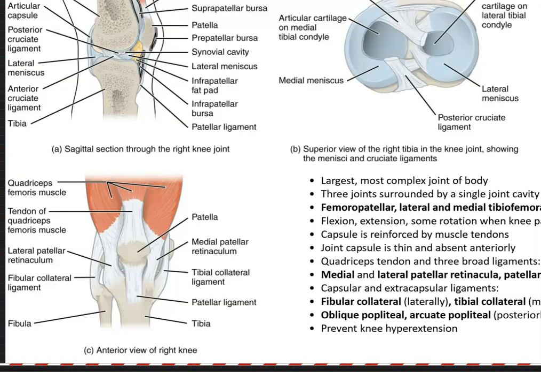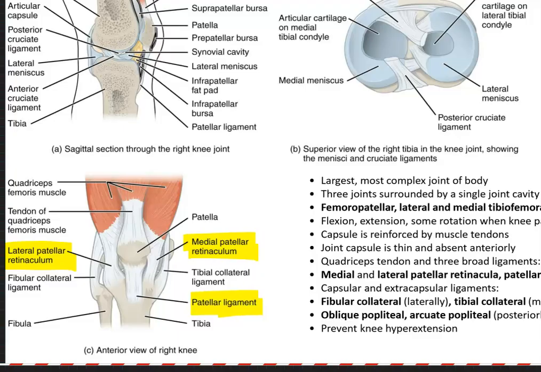In the knee joint, ligaments actually form a big chunk of the articular or joint capsule. So in the front, you have patellar retinacula and the patellar ligament, that form the front part of that joint capsule.